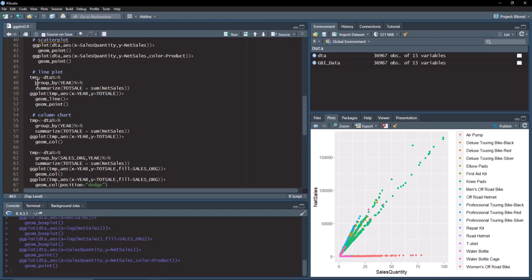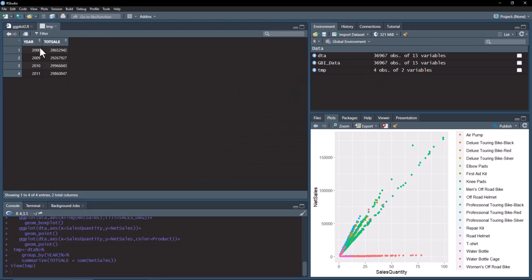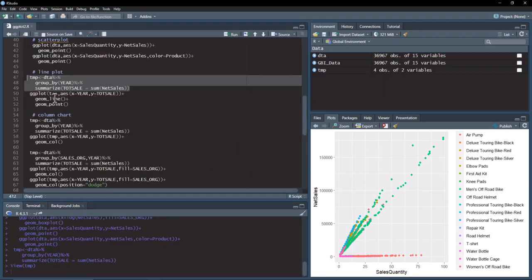So I'm going to group by year, then summarize to add up all of the net sales. Now if we open the data frame, we have each year a total sales number. And X is going to be year, Y is total sales, and instead of geom_point, we're doing geom_line.